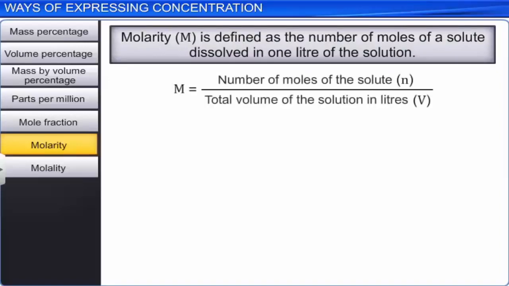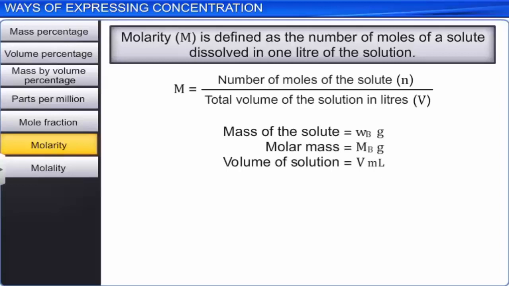If Wb grams of the solute of molar mass Mb is present in V milliliters of a given solution, then M is equal to Wb divided by molar mass Mb multiplied by 1000 by V ml.